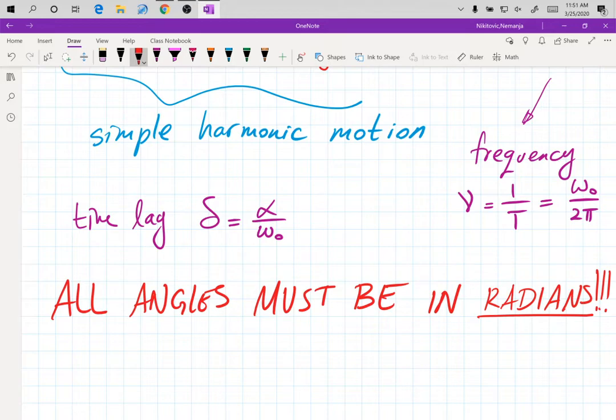So now let's take a look at an example. Obviously, 100% of the problems here are going to be word problems because we have a section that is applied. So we're going to have pendulums and all of these guys.